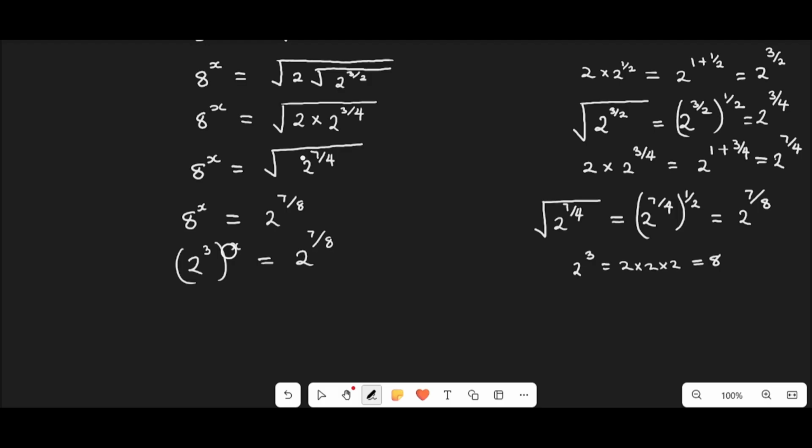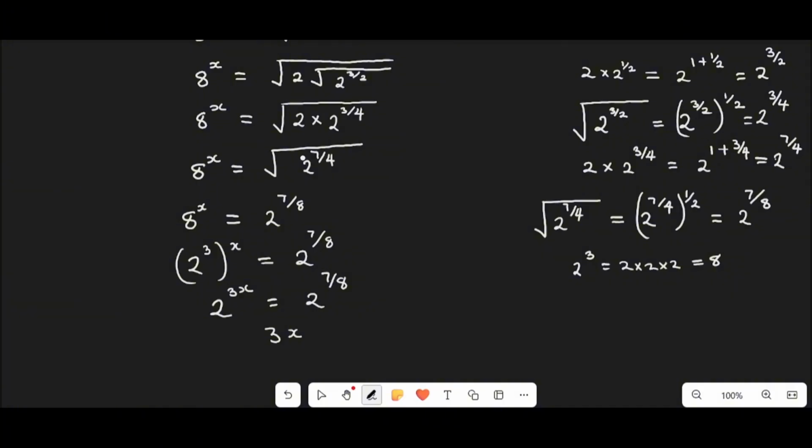We can multiply the powers. So we are going to have 2 raised to power 3x equal to 2 raised to power 7 over 8. Since the base on both sides is equal, we can say 3x is equal to 7 over 8.